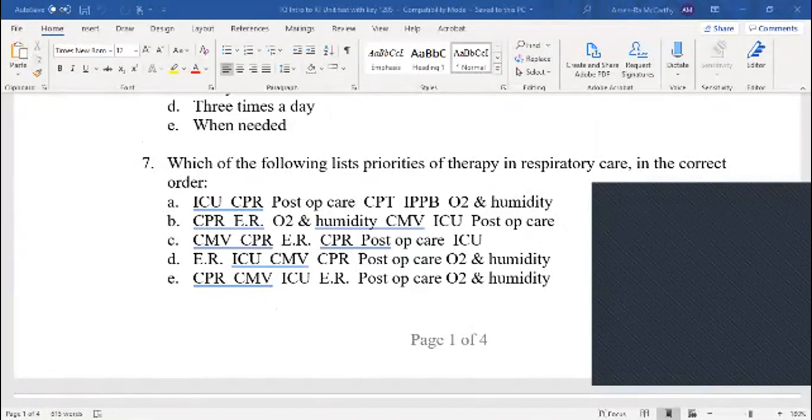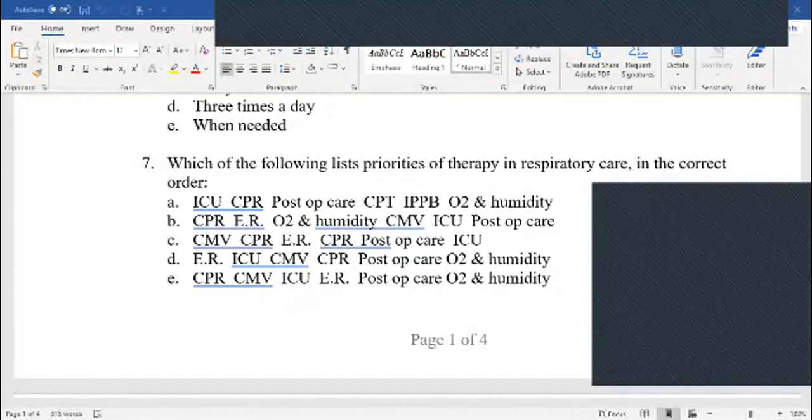All right. Which of the following list priorities of therapy and respiratory care in the correct order? Sydney, what did you get for number 7? Is it E? E, let's see. CPR, CMV, ICU, ER, post-op.